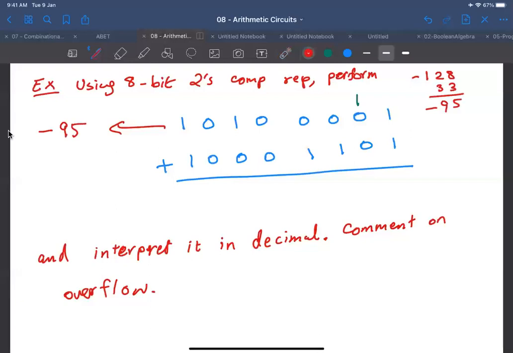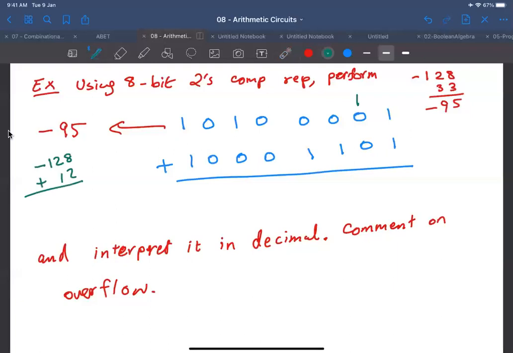Let's do the addition here. It's an addition of two negative numbers. What about this number here? It's minus 128 plus 12, but I can do it the other way around.